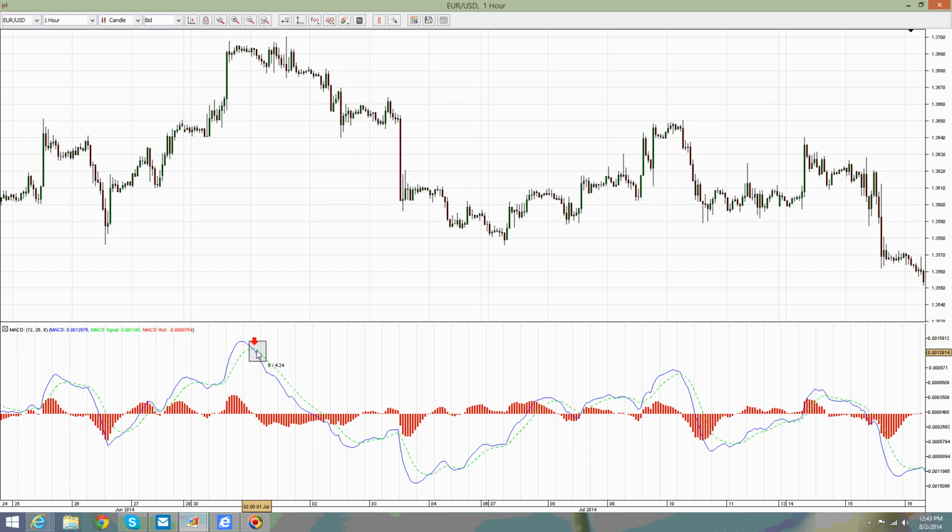And of course the histogram needs to be red. I mean, automatically it should be below zero, as it shows the crosses between the two lines here, the blue and green dotted lines. So that would be the moment where we should buy put options.